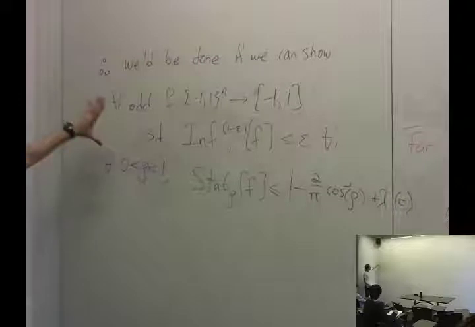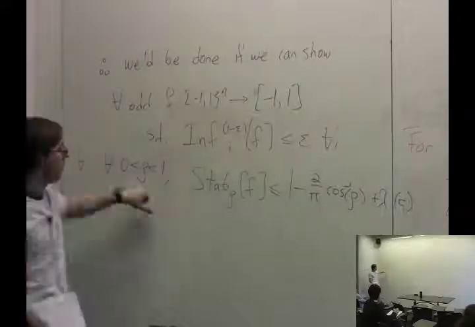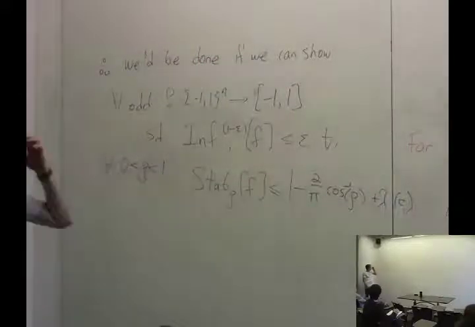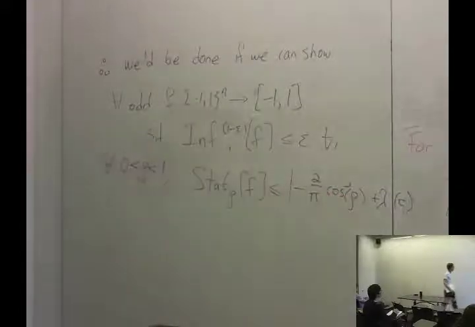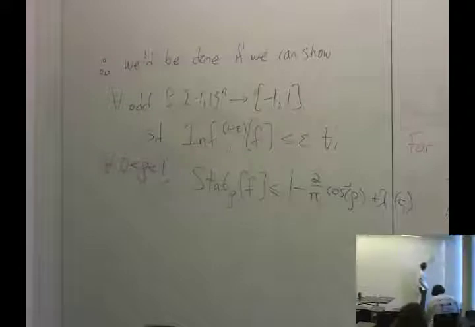OK, what I'm saying, this is what I would like to prove, and I feel happier about it because it has a positive value of rho for the parameter. I'm going to prove this, and having done that, it'll give me this by applying this theorem to the odd part of f.